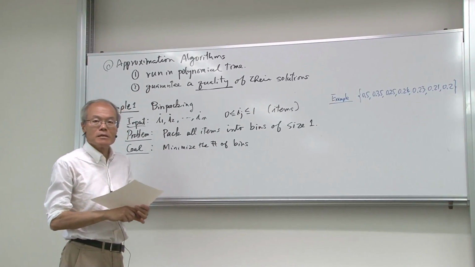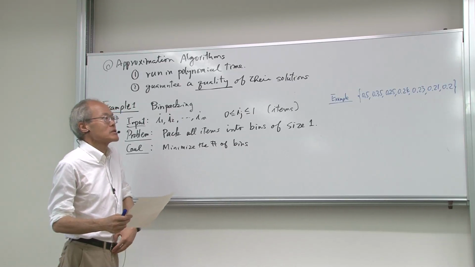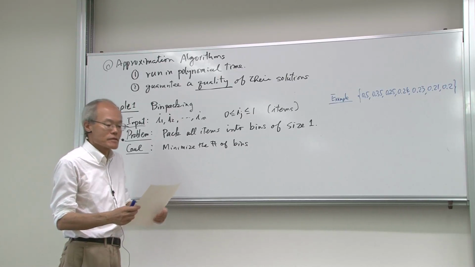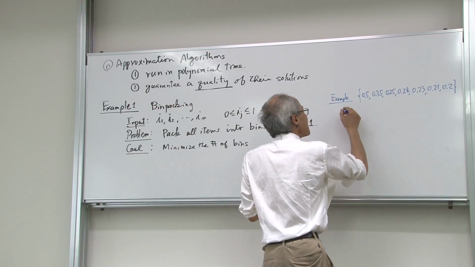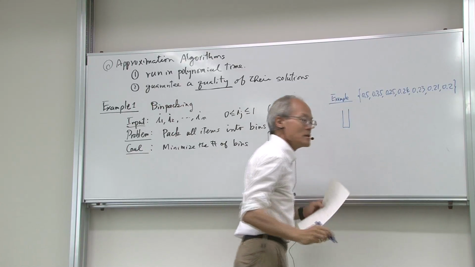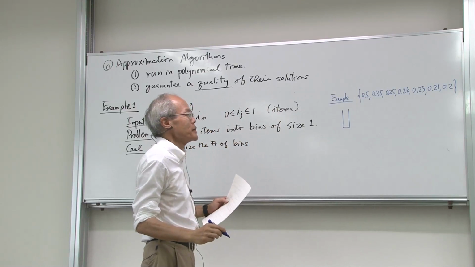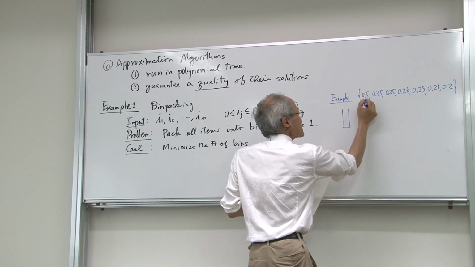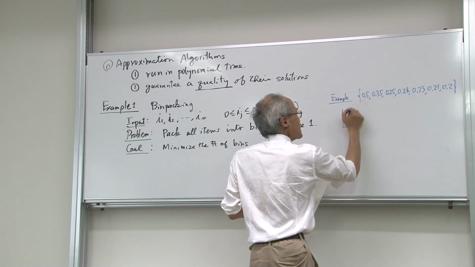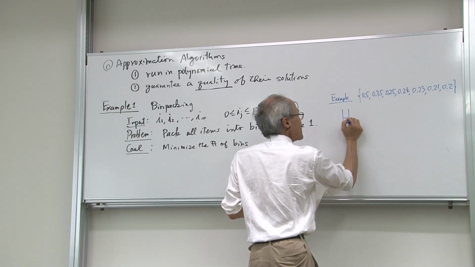We need to pack all 7 items into bins of size 1. This is a bin. First bin, we put of size 1. Suppose that we put this item into this bin, then this is 0.5.